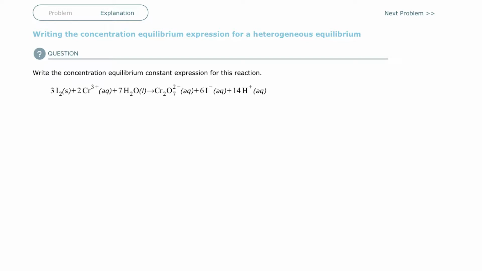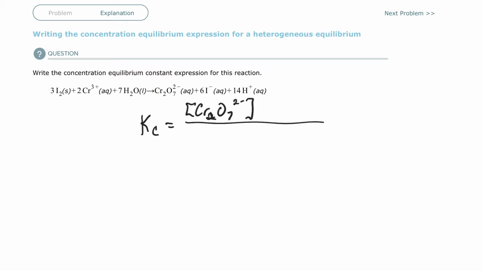All right, so let's do this. So the K_c is going to be a fraction. It's going to give you the Cr2O7 2- in brackets because that's the molarity. I look for its coefficient.